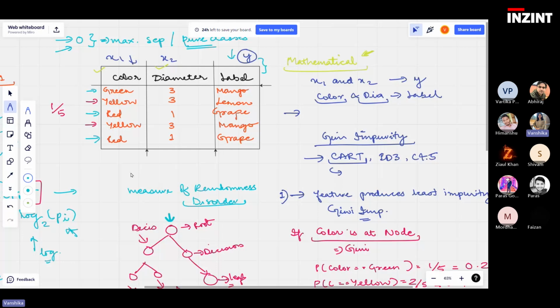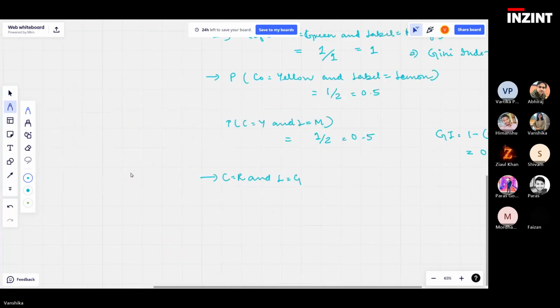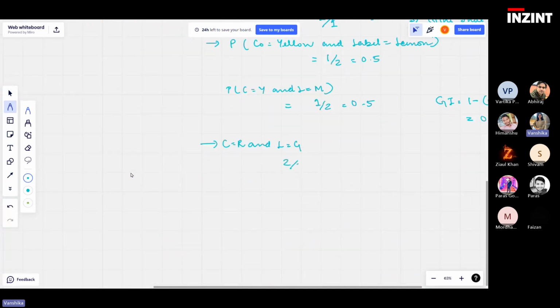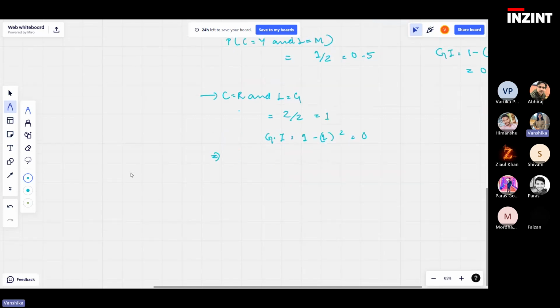So probability would be 2 by 2, that is 1. And the Gini index for red would be 1 minus 1 whole square, which would be 0 again. So this gives me the Gini index of all.